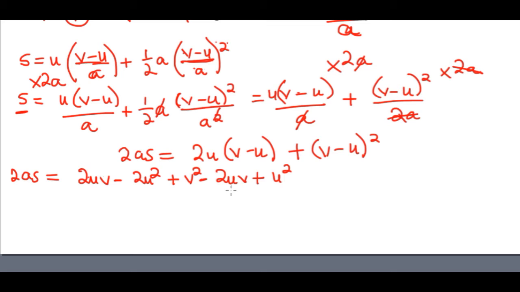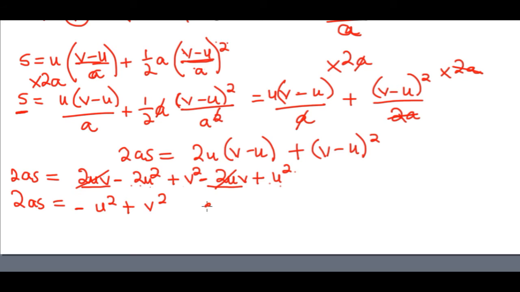Now, like terms subtract each other, they neutralize each other. Let's apply that. 2as is going to be equal to 2uv minus 2uv, which neutralize each other, equal to 0. Minus 2u squared plus u squared is going to give me minus u squared, plus v squared.